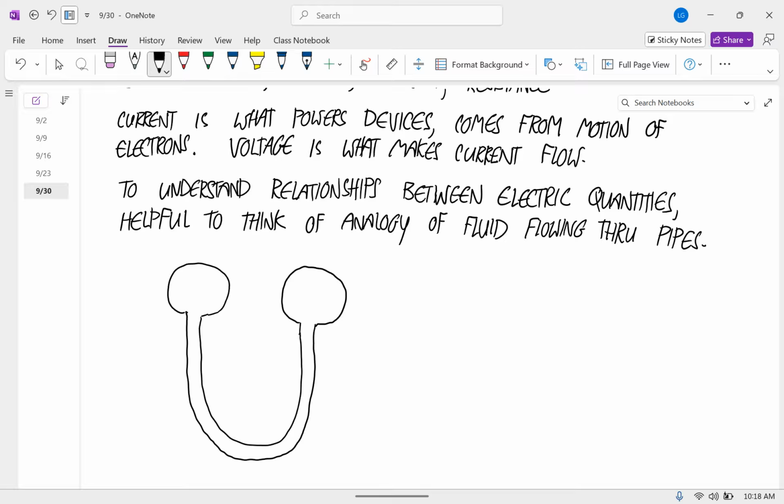Where you have a pressure P1 here, and a pressure P2 here. And you have a fluid filling part of this connecting tube. Okay, this is a liquid.